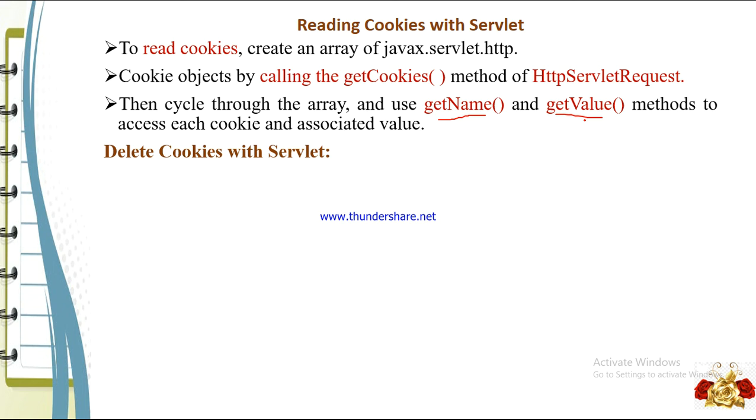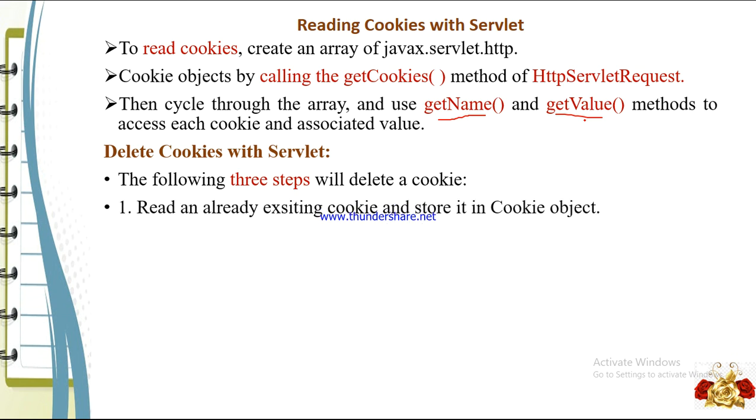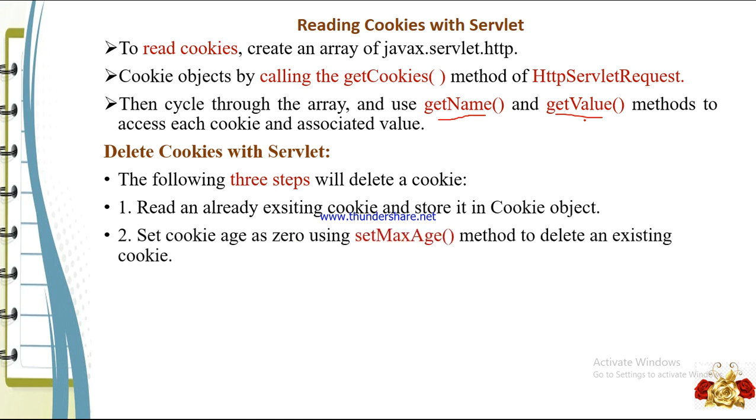So suppose we are deleting a cookie with the servlet. What will we do? You use three steps to delete a cookie. First, read an already existing cookie and store it in a Cookie object. So this is the first step. Read all the existing cookies and store them in the Cookie object.